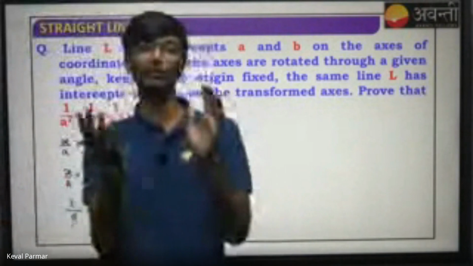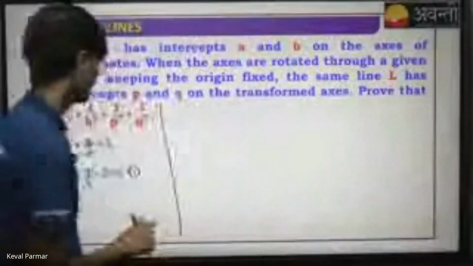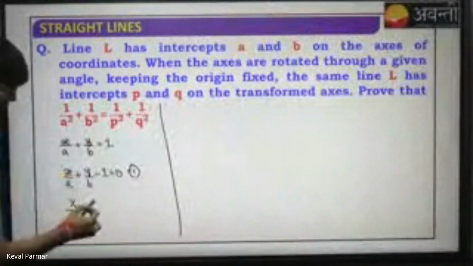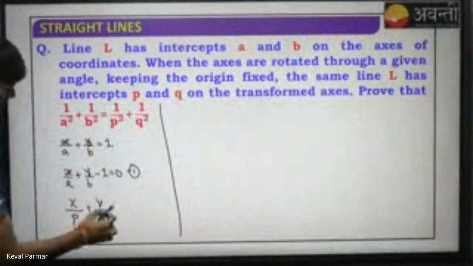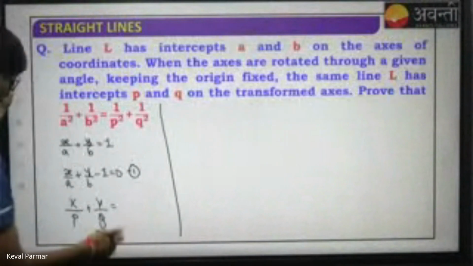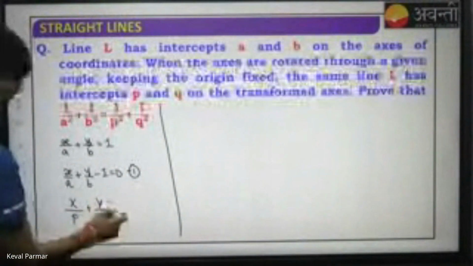Because we have rotated the axes, so x and y will definitely change. The intercepts became P and Q, plus capital Y upon Q equals 1, or I can write minus 1 equals 0.